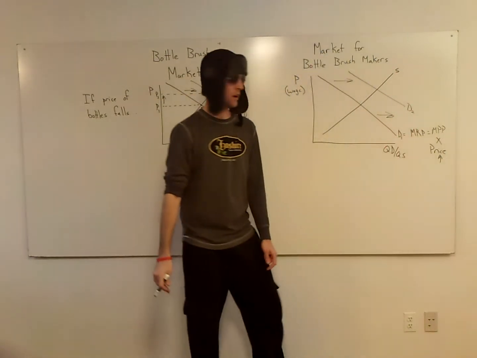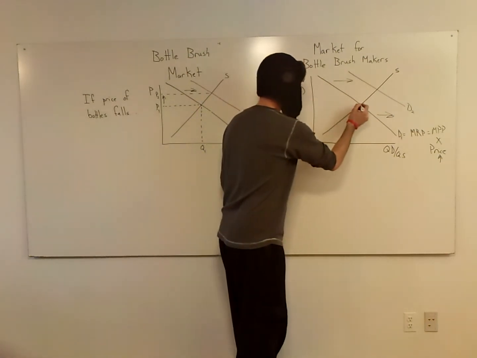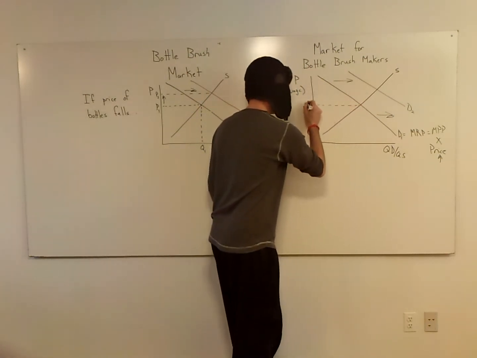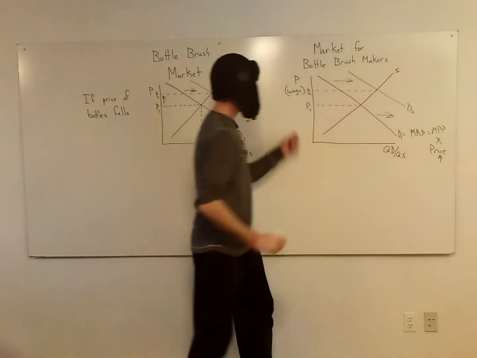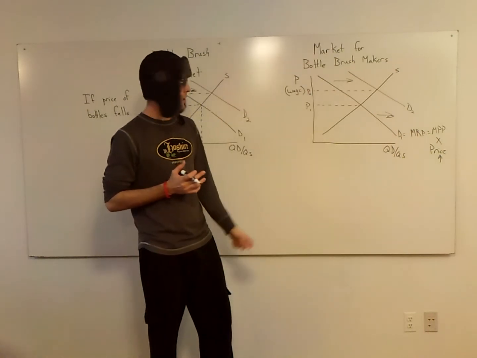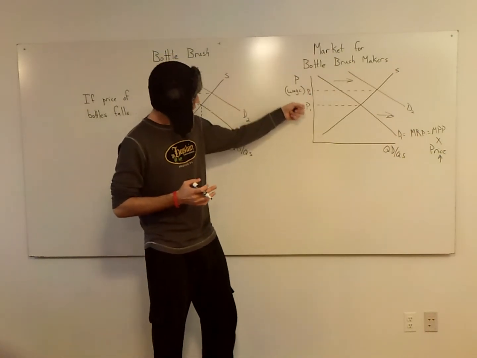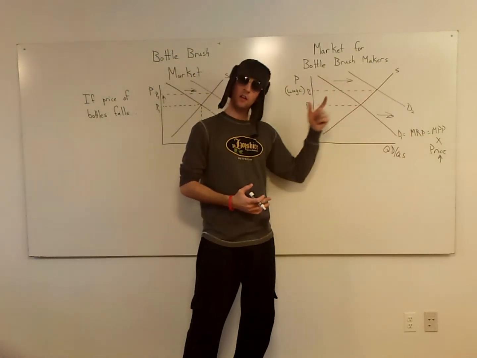And if you take a look here, the graphs look virtually identical. I'm going to label my price here. And the price that I'm talking about, since I'm talking about workers or bottle brush makers here, is also our wage. Our wage increased because we demanded more workers.